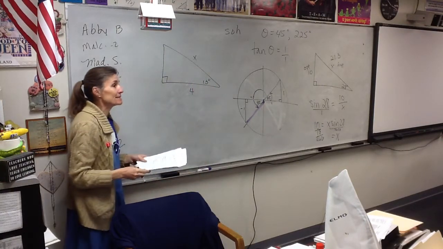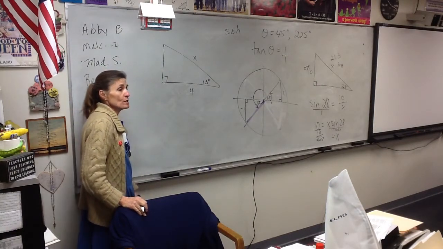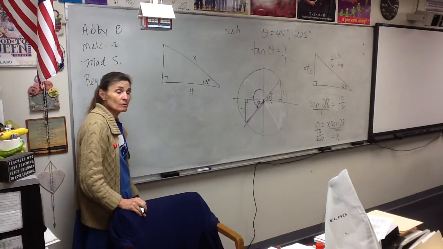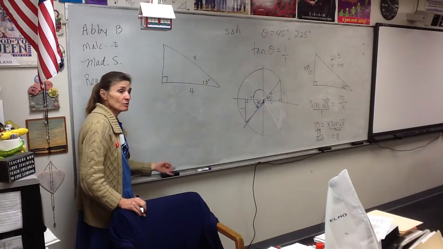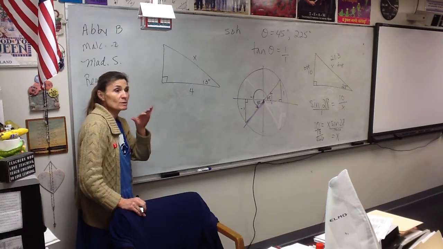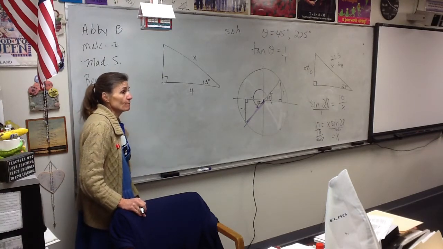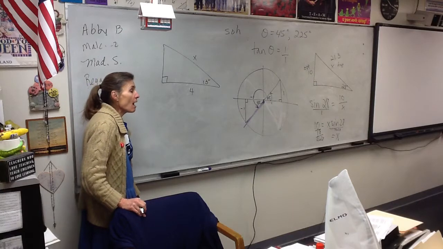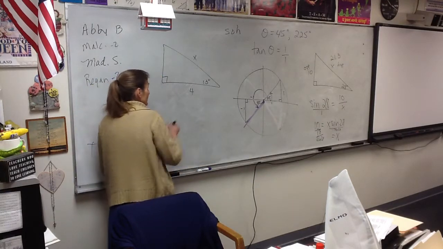Now you're going to do exactly the same thing, but you got to figure out which function you're going to use. Sine, cosine, tangent, secant, cosecant, cotangent. I would never recommend using secant, cosecant, or cotangent because you don't have that on your calculator. So I'd stick with sine, cosine, and tangent. Which one are you going to do? Cosine. How did you know you were going to use cosine?